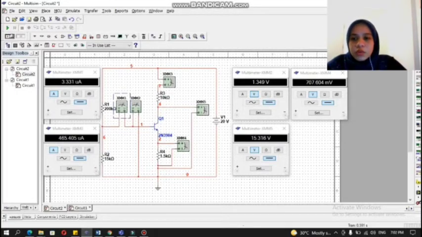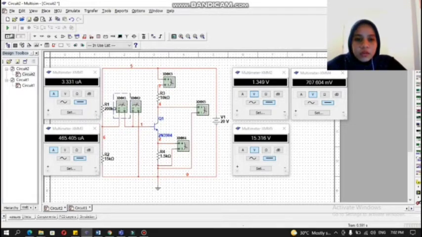The result shows 3.331 microamperes for the IB, and 465.405 microamperes for the IC.